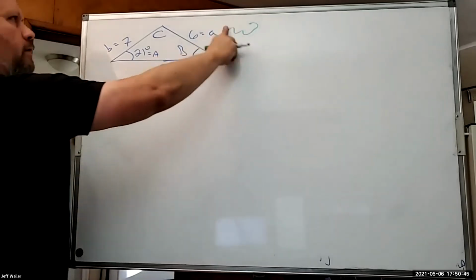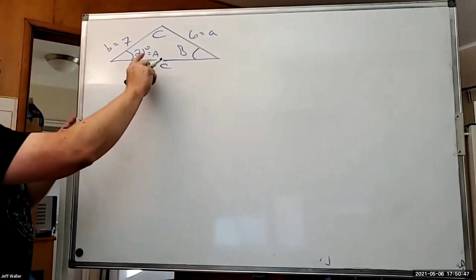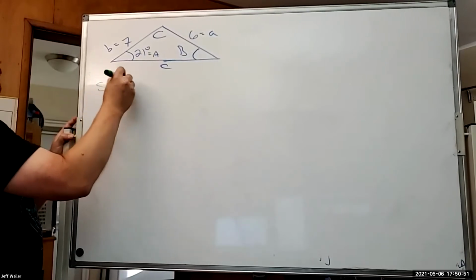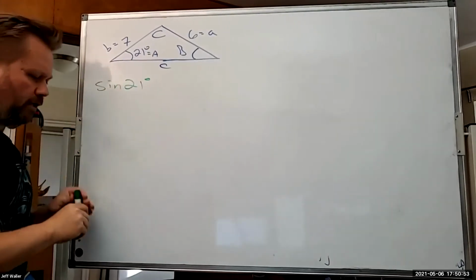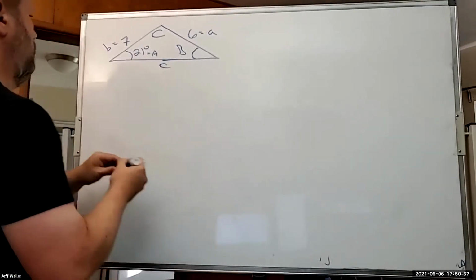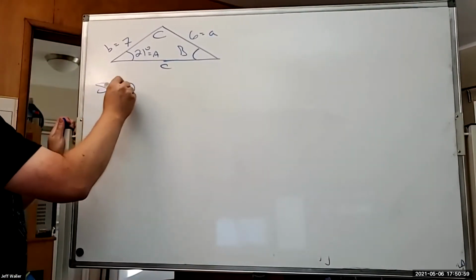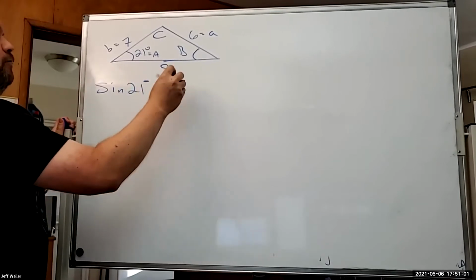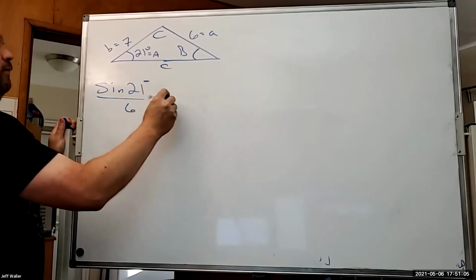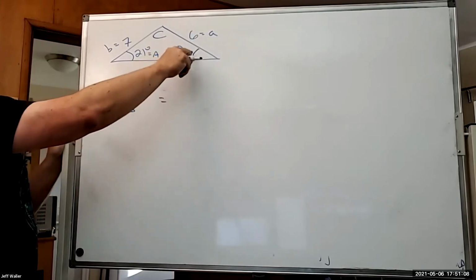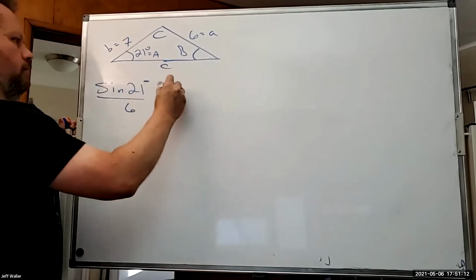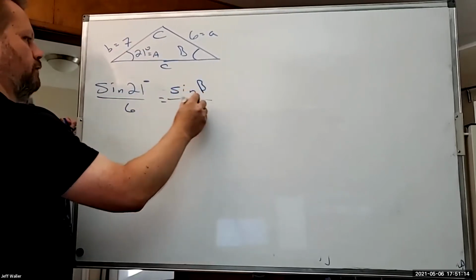So obviously the ratio I can make is here. So that's sine 21 over 6 equals, and I've got to go for B because that's what I know something about, sine of B over 7.